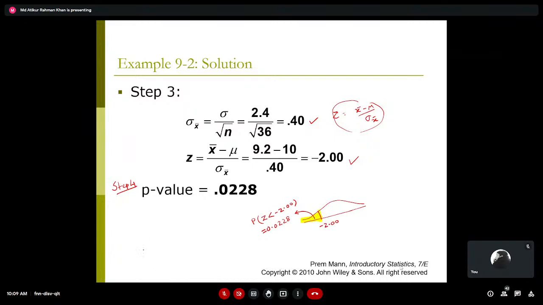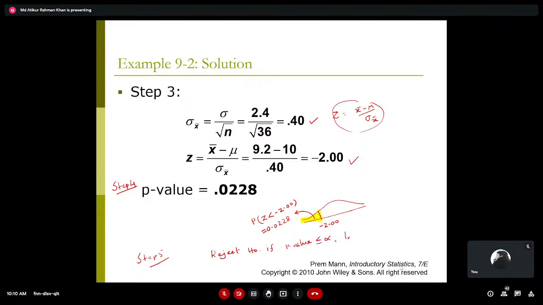Now the decision, step 5. The rejection rule: reject the null hypothesis if p-value is less than or equal to alpha.